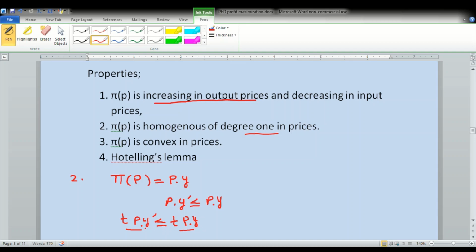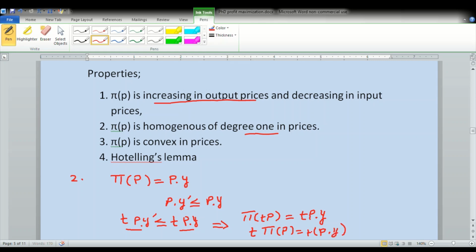So y still is the profit maximizing vector, and we reach the conclusion that pi of tP is equal to tP dot y, or t times pi of P is equal to t P dot y.